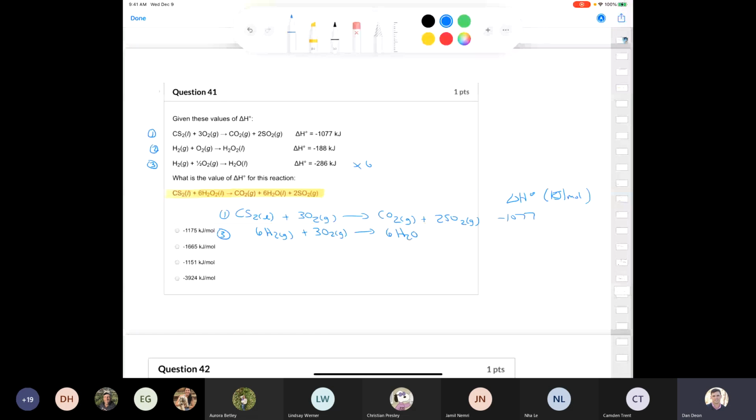So I multiply -286 times 6. I've already gone ahead and done that, and you end up with -1716. Okay, and then what's the last thing we've got to do? We've got to do something with equation number 2. Well, equation number 2 has the hydrogen peroxide, doesn't it? Right, but there's only 1 mole as a product, and I need 6 moles as a reactant.